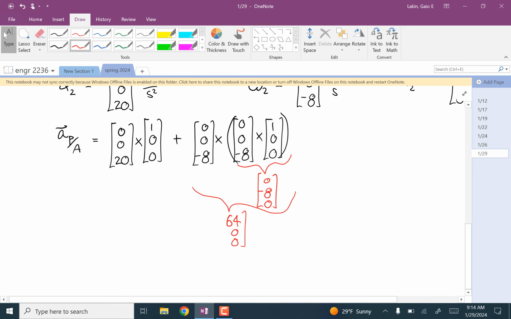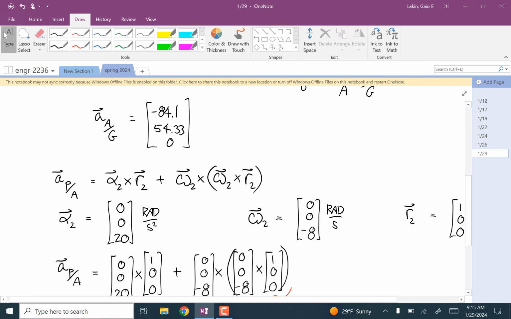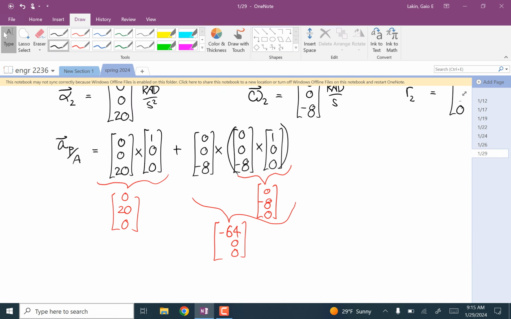And then this one will come out to be 0, 20, 0. So altogether this comes out to be -64, 20, 0.